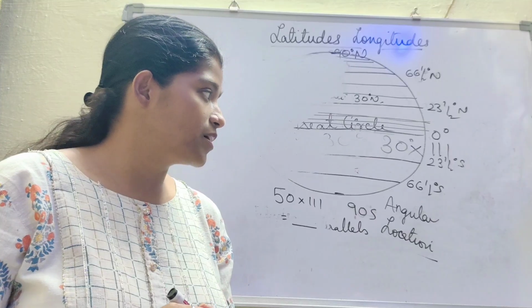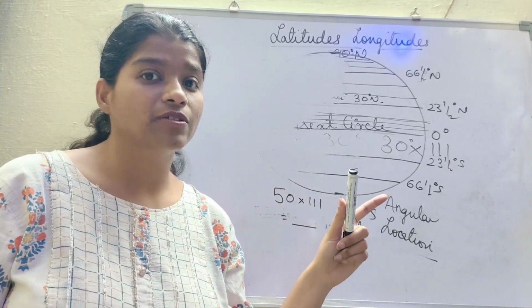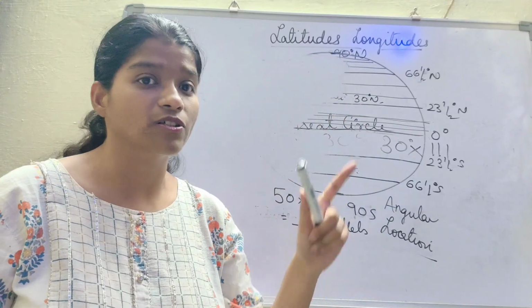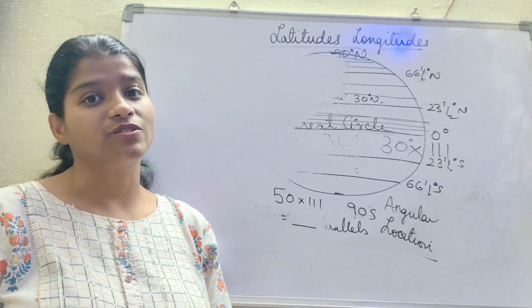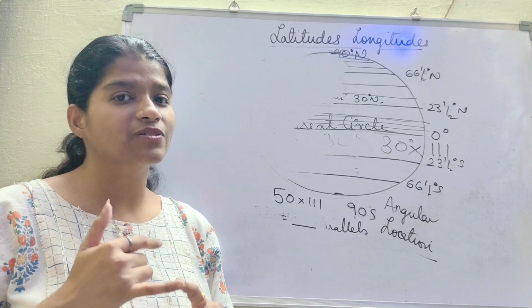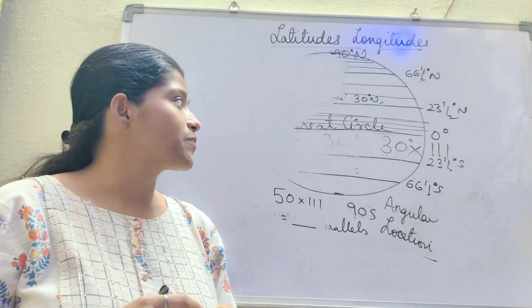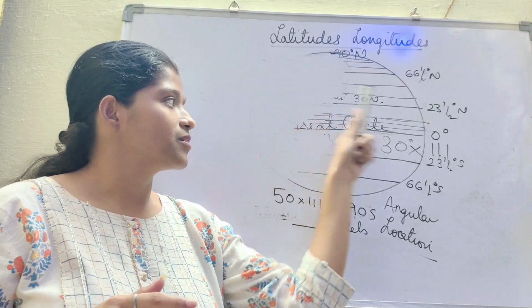Now one more important thing: the lines of latitude also tell us about the heat zones. You all must know there are three heat zones: the torrid zone, temperate zone, and the frigid zone.